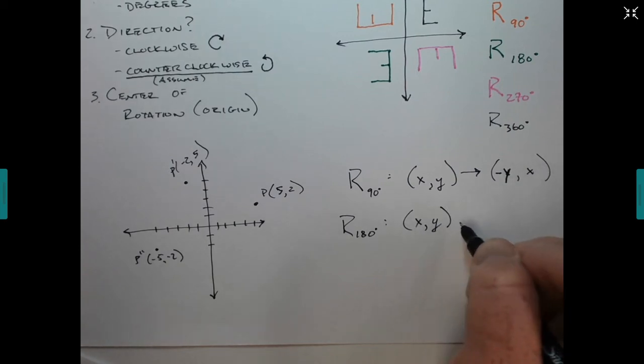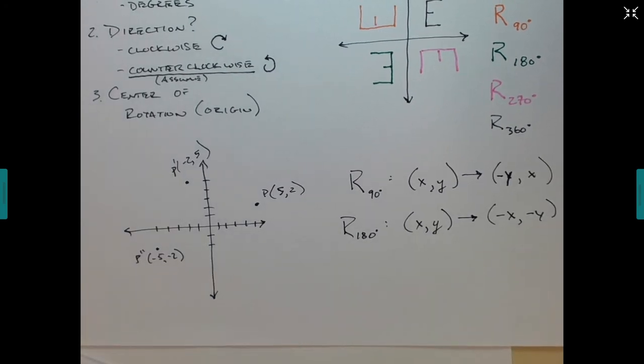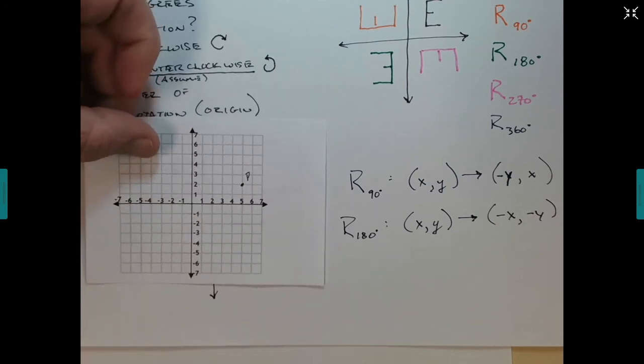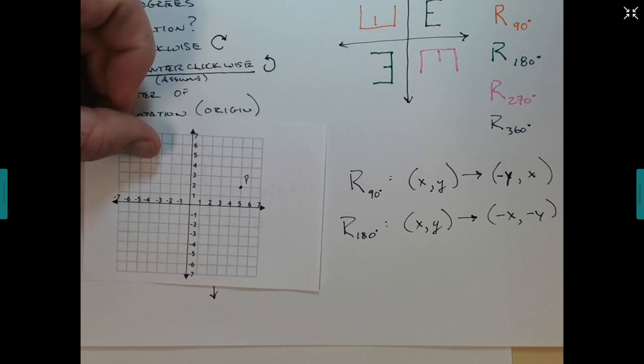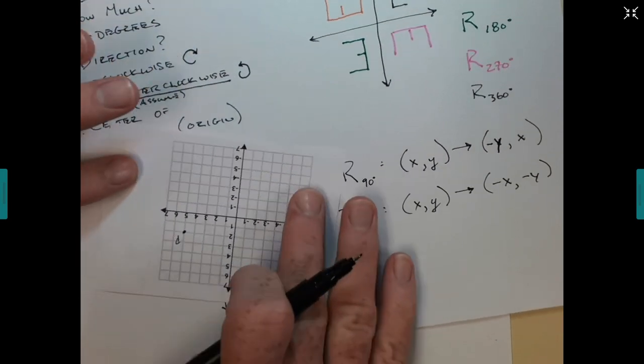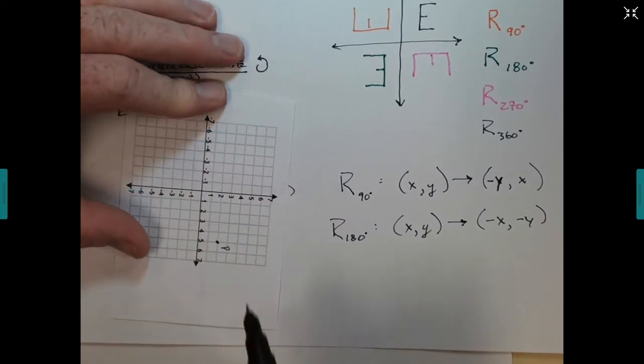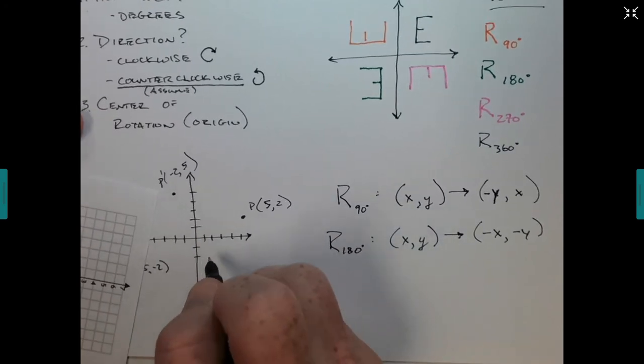So if you want to do a 180 degree rotation, all you got to do is keep those numbers right where they are, but change their signs. All right. And our last one, 270 degrees counterclockwise. There's 90. There's 180. And now we have 270. This point is now at 2, -5.